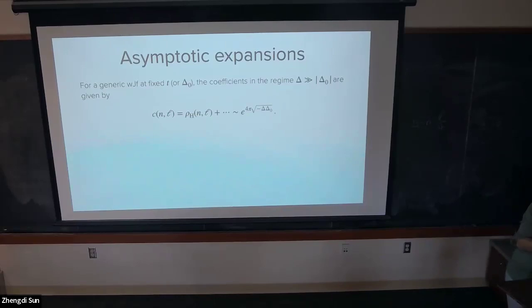This is basically the same as what I showed before when I talked about the Rademacher expansion. In CFT terms, this is just the Cardy behavior that you see at high temperatures. You can see that explicitly once you replace delta 0 by the central charge over 12 and delta by E, then you get exactly the Cardy formula.